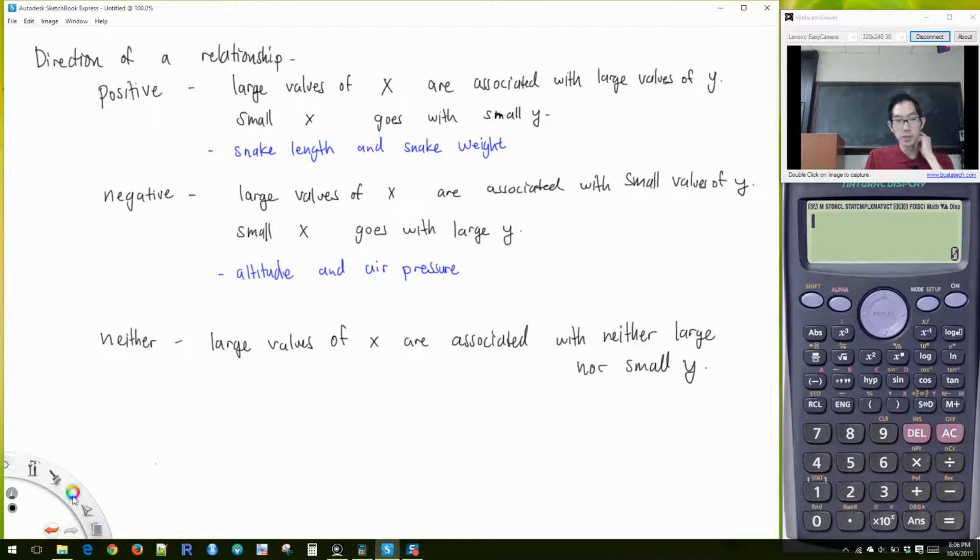So this could be something like GPA and weight. Do people with high GPAs tend to weigh more or weigh less? Or do people with low GPAs tend to weigh more or weigh less? No, we don't really see a relationship between GPA and weight.